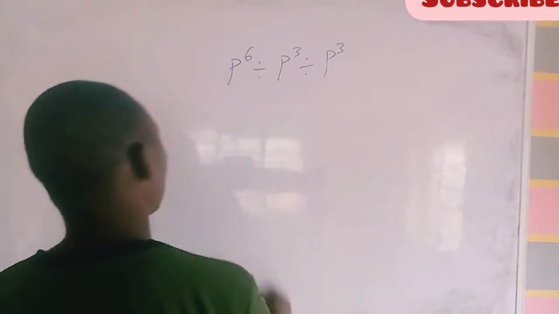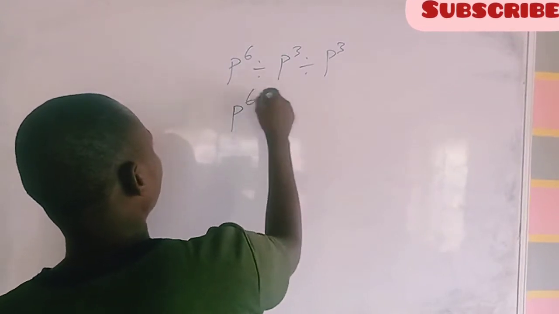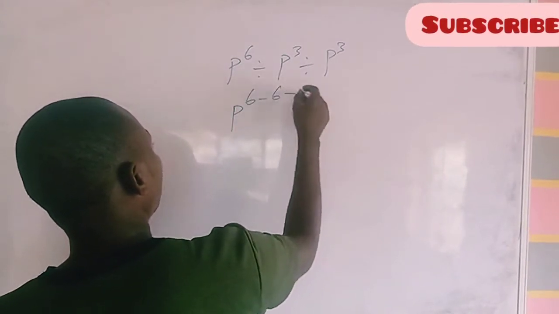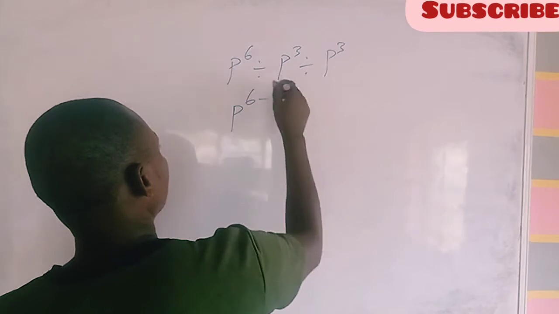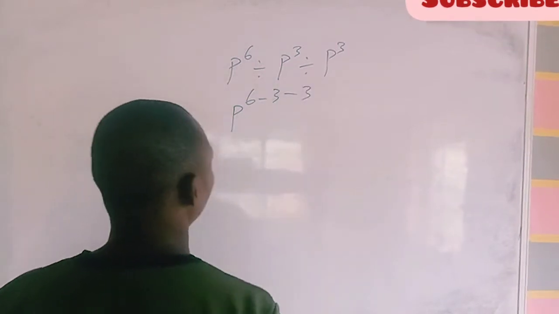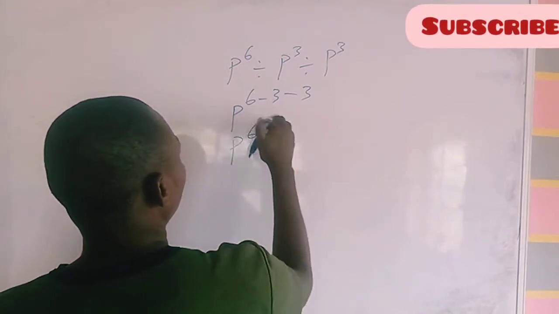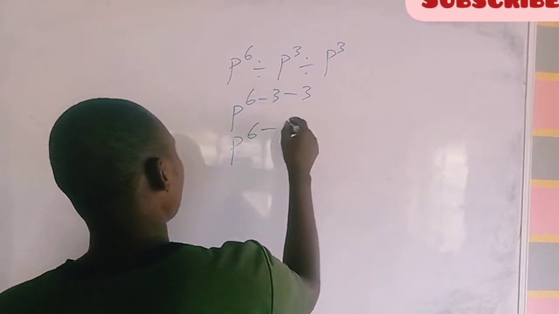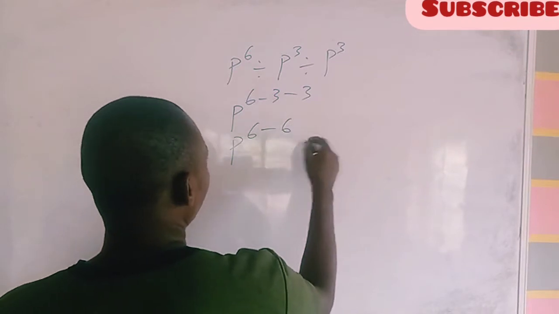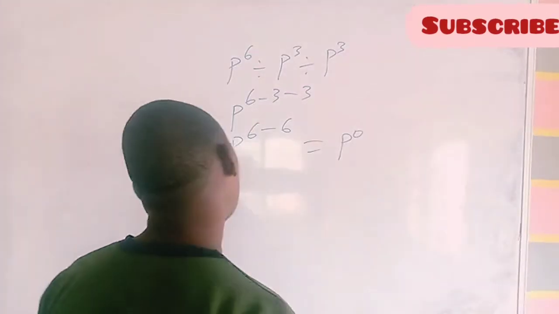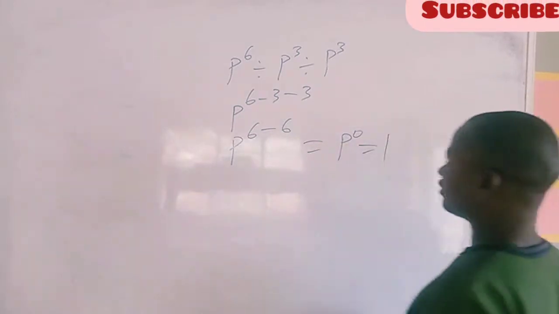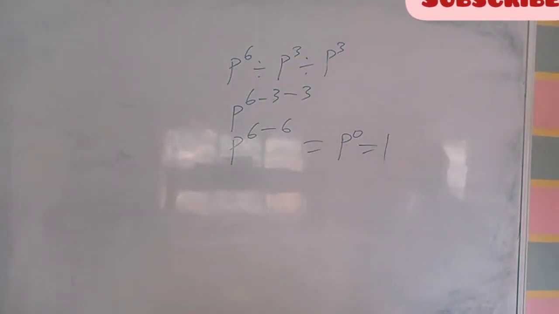So that means we have p raised to the power 6 minus 3 minus 3, which gives us p raised to the power 6 minus 6, which equals p raised to the power 0. And p raised to the power 0 equals 1. Okay? That is the rule.